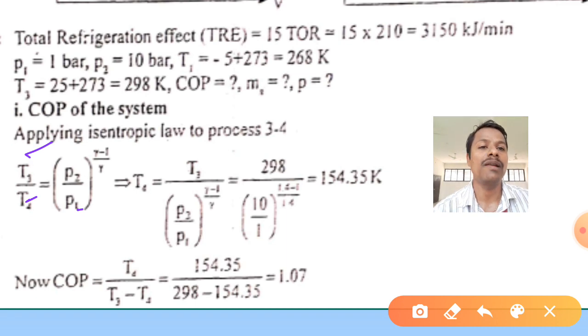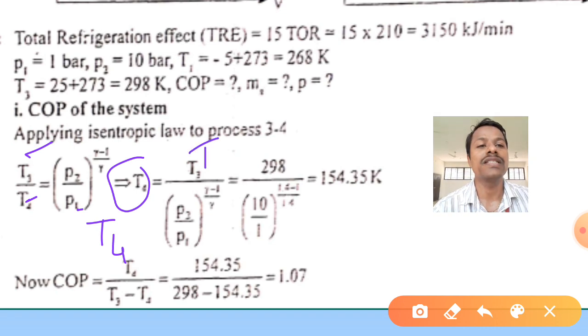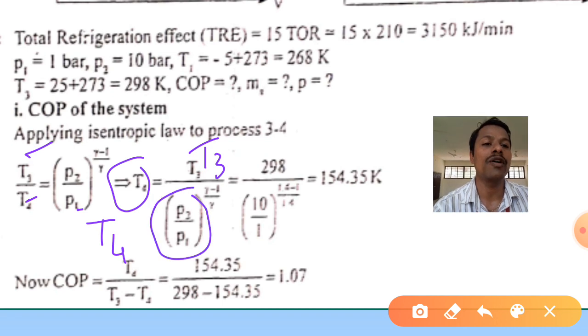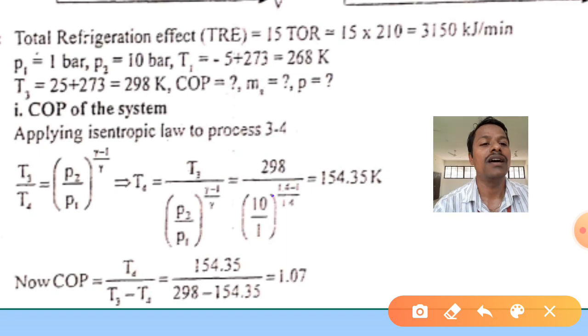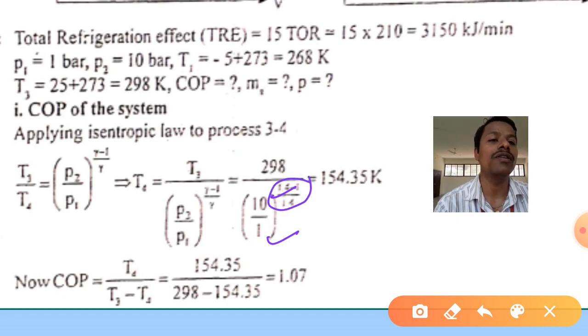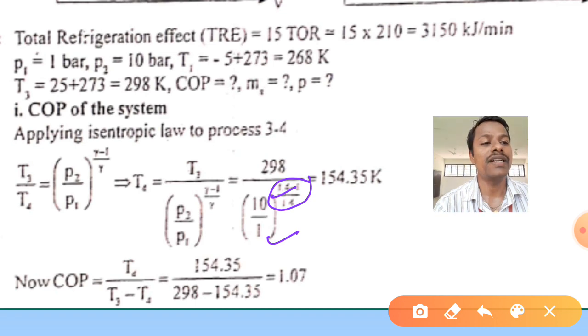So from this I will be able to calculate T4, that is T4 is equal to T3 upon (P2 divided by P1) raised to (gamma minus 1) by gamma. We know that P2 by P1 is 10 bar by 1 bar, gamma value 1.4, and T3 he has given as 298 Kelvin in the problem statement.